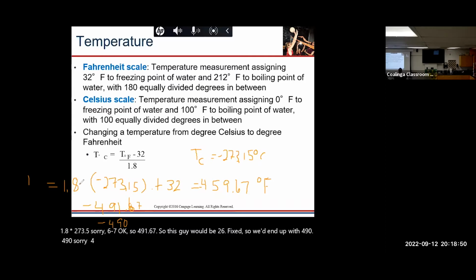Right, because 1.8 times negative 273.15 is going to be negative 491.67. Now we take the number of sig figs from here. That'll be 2 sig figs, so that'll be negative 490.